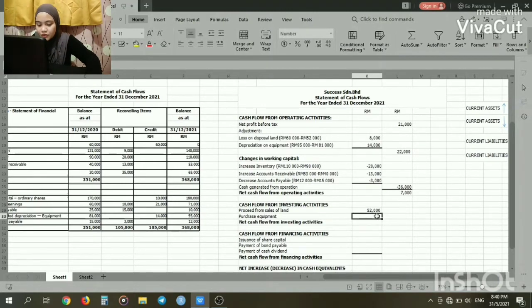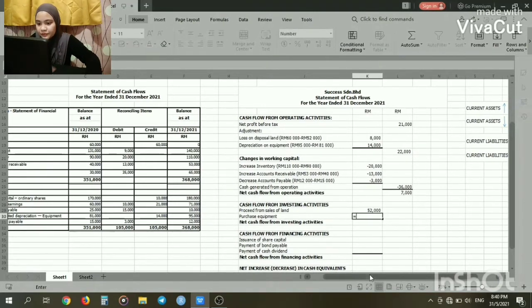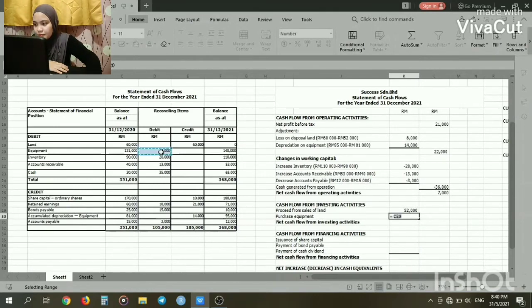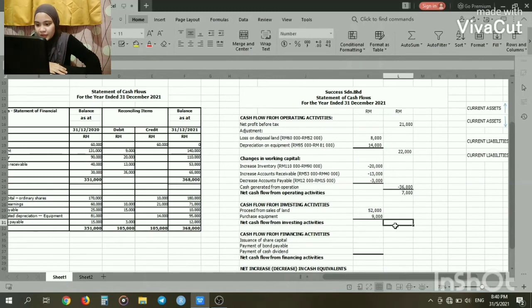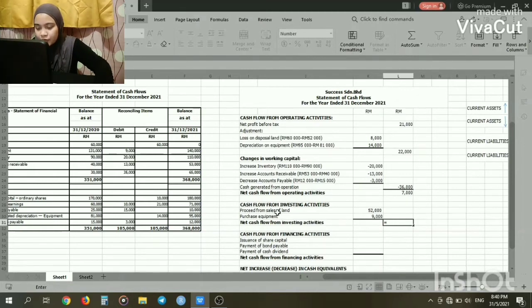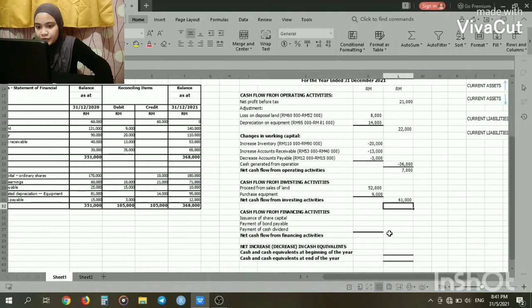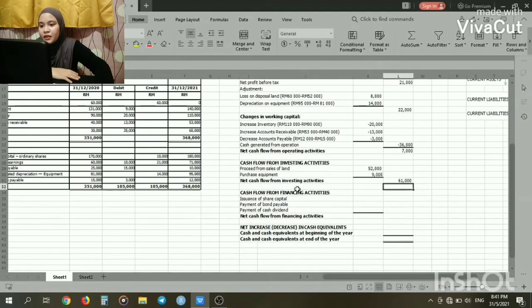For purchase of equipment, it will be 9,000. So net cash flow from investing activities should be the total of proceeds from sales of land and purchase of equipment, and we get 61,000.